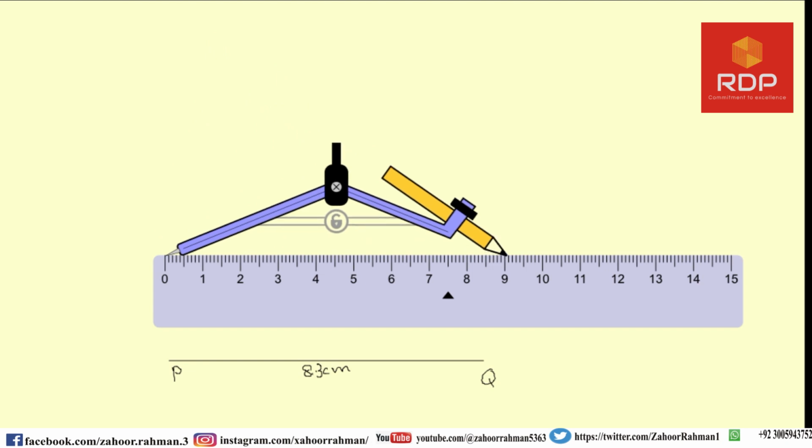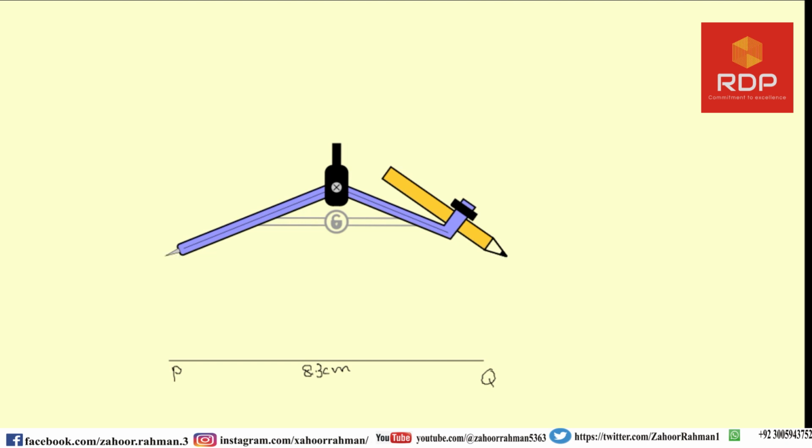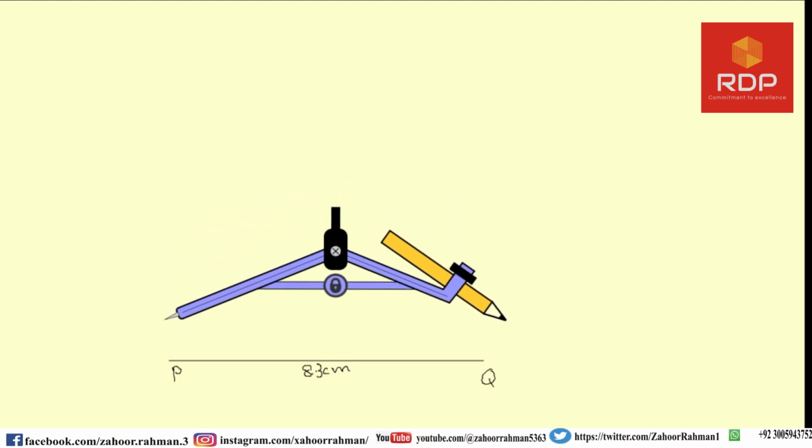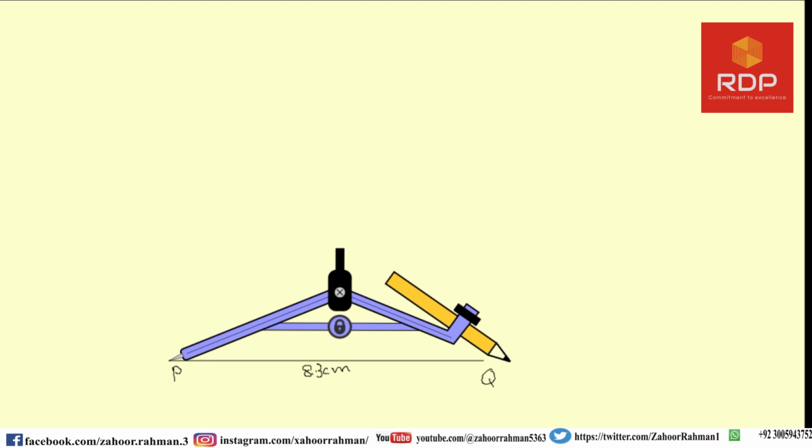You will see that it is not opening more than 9. So let us draw a line of 9, and that is equal to PR.